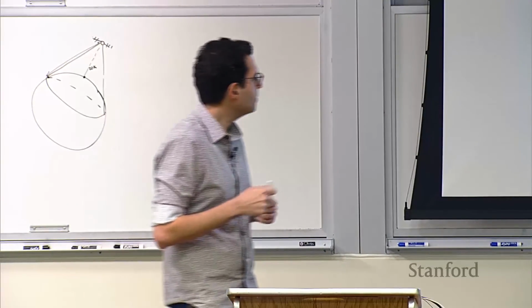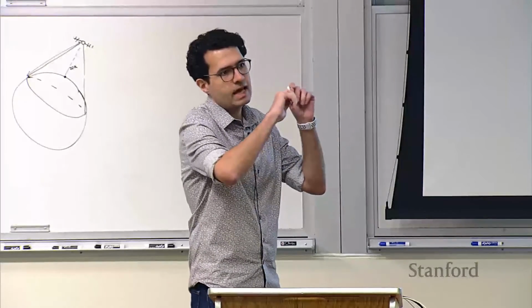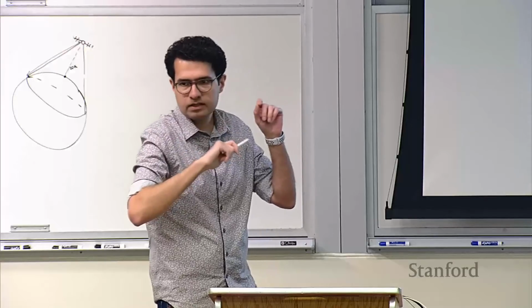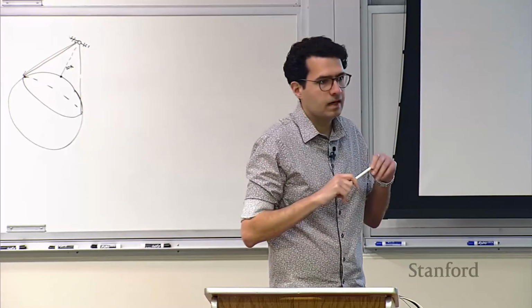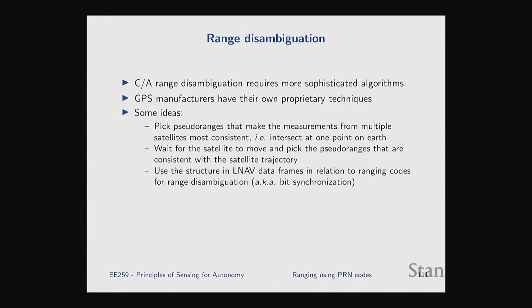Okay, so that's one idea. The other one is, even with just one satellite, if you wait for the satellite to move a little bit in orbit by a non-negligible amount, you know the exact trajectory of the satellite. Again, that's another geometric constraint that can help you disambiguate the true range. You can pick the pseudo-range that is consistent with the trajectory of the satellite that you're estimating. So that's the second idea. The third one doesn't have any geometry grounding.